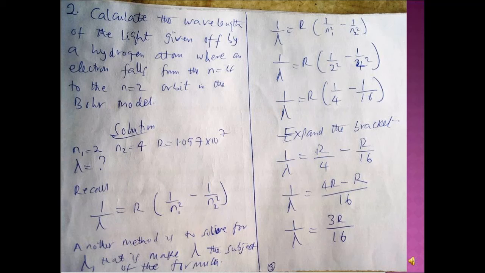Then from there, we look for the LCM of 4 and 16, which is 16. So 4 goes into 16 four times, we have 4R, minus 16 into 16, 1 times R. By the time we subtract R from 4R, we have 3R. So we now have 1 over wavelength equals 3R over 16.